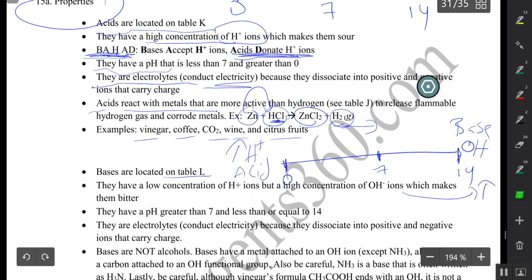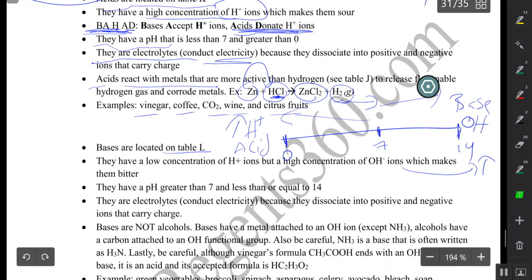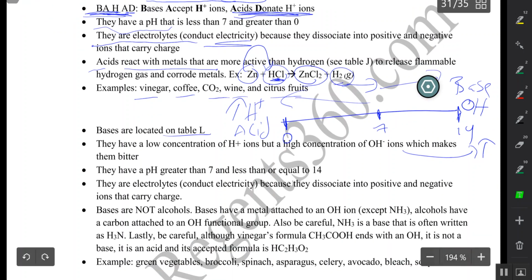Hydronium ions increase that way, and hydroxide ions increase this way. At 7, the concentration of hydrogen ions and the concentration of OH ions are equal.